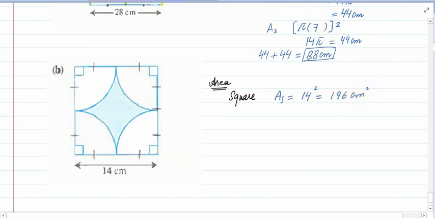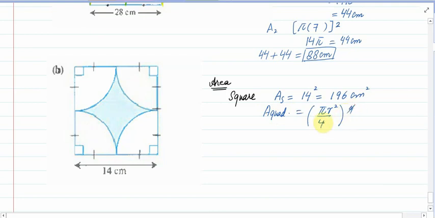And the other thing, we see that there are quadrants. And how many quadrants? There are 4 quadrants. So area of quadrant is equal to pi r square divided by 4. And how many quadrants we have? We have 4 quadrants.